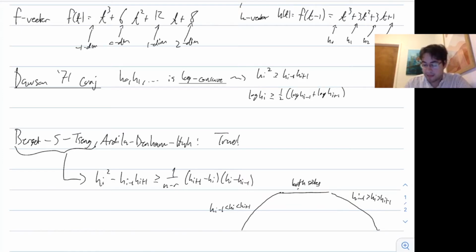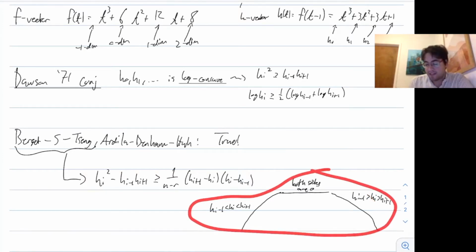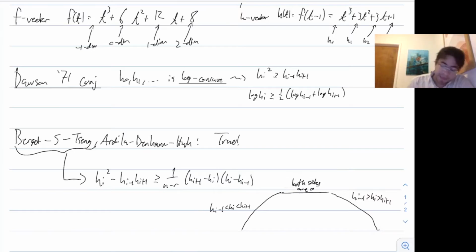So if you have 3 consecutive terms, obviously I can't really get an improvement on like a number squared minus that same number times itself. Like, how am I going to improve that lower bound of 0? You get 0. So this improves the H vector log concavity because in all these ranges, it's improving the log concavity. And this is actually sharp in a number of cases.